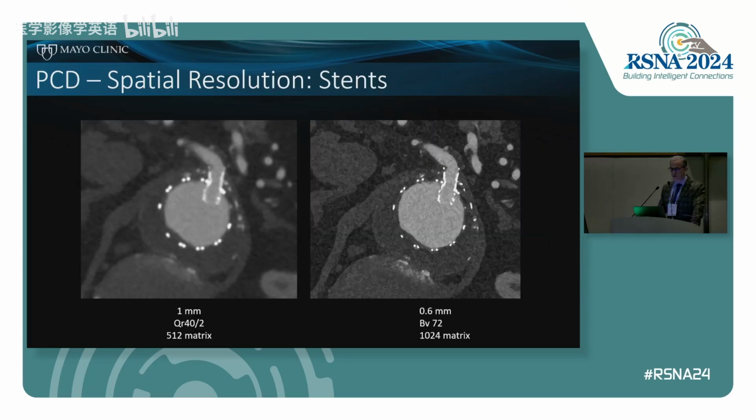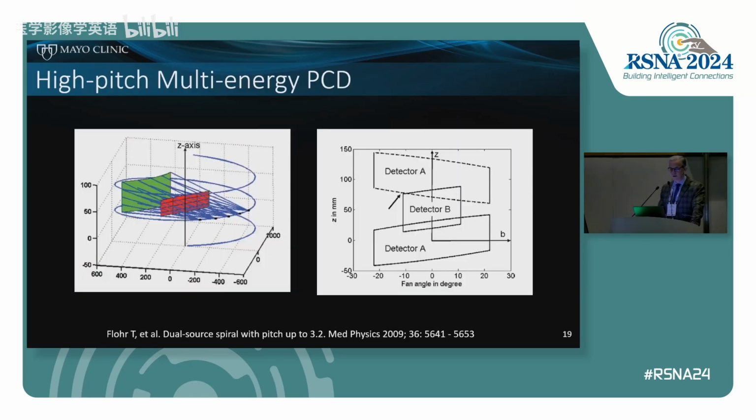As Shuai showed you, in our vascular practice, we use these sharper kernels to reduce the metal bloom and better visualize in-stent stenosis.